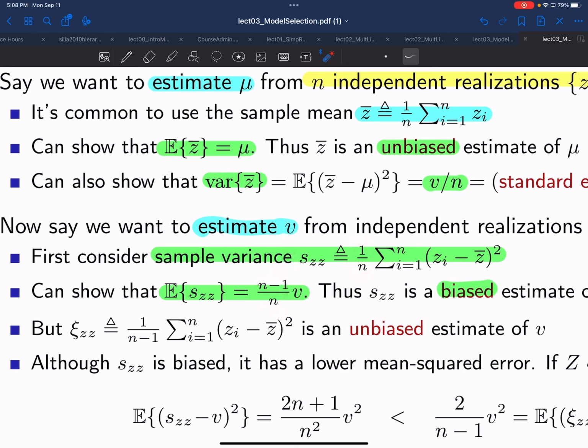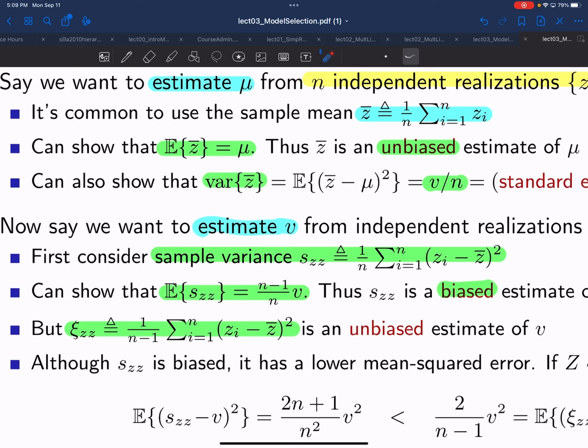And now you're going to get an unbiased estimate. So this is the second way. When you multiply this by n over n minus 1, you get this guy. And this is the one that we said is the unbiased estimate of the variance, and we're going to call it xi_ZZ.